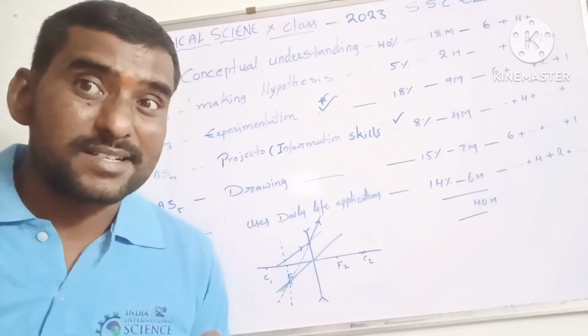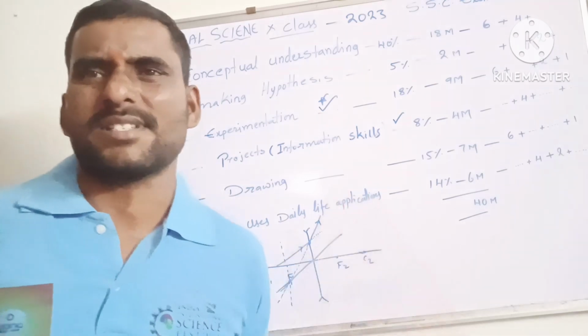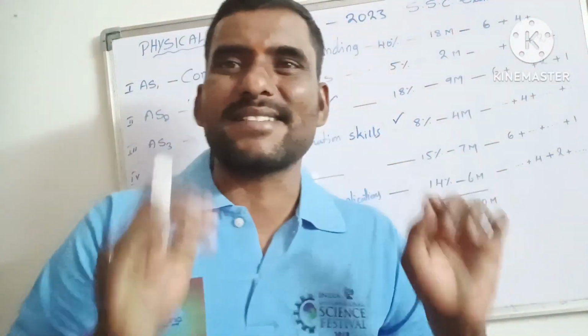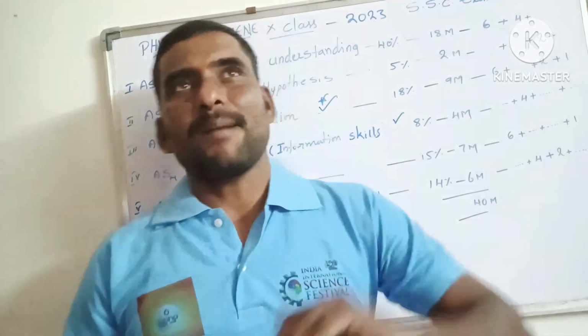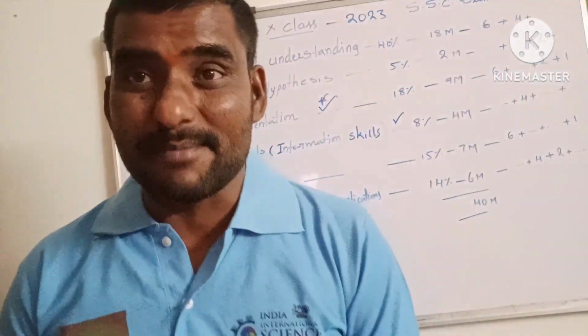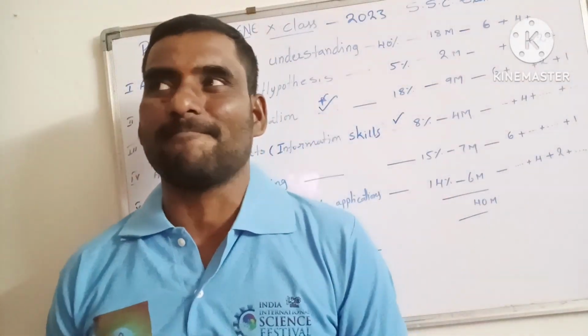So just concentrate on complete the ray diagrams. You may get one question, complete the ray diagrams, or a 6 marks ray diagram. Mirrors and lenses lessons are the main ones. Apart from that, you may get draw the DC motor diagram, draw the AC generator diagram.